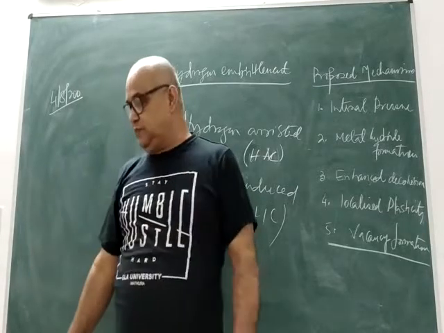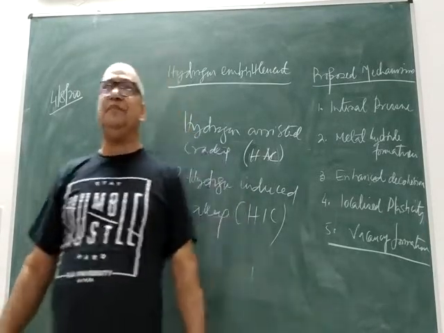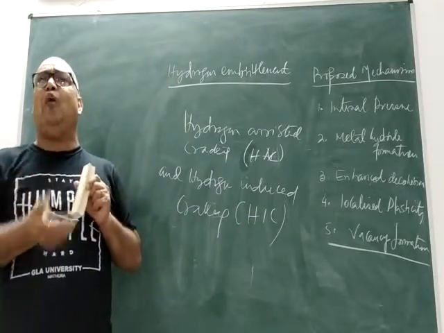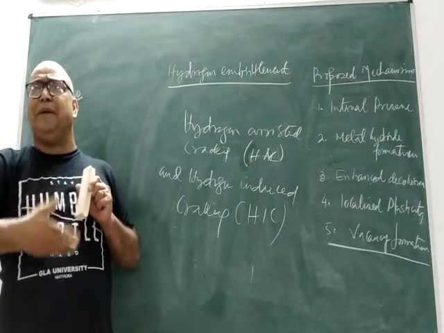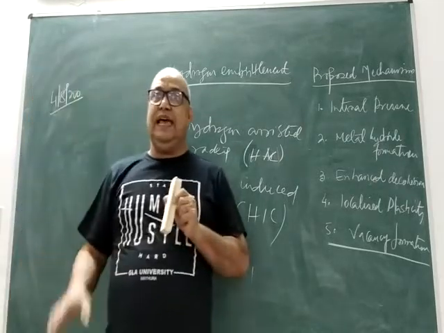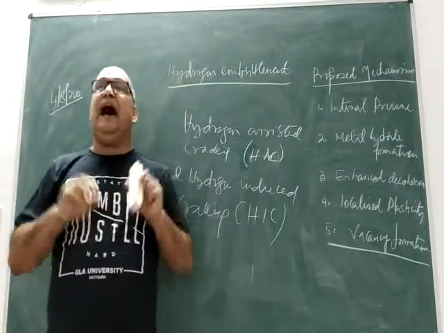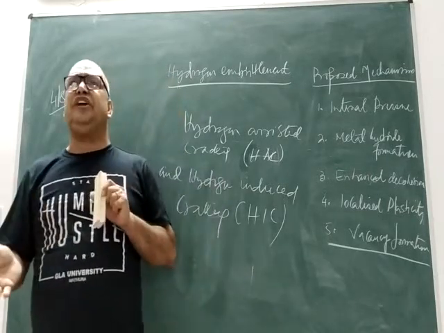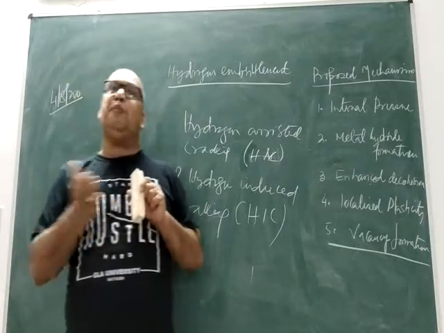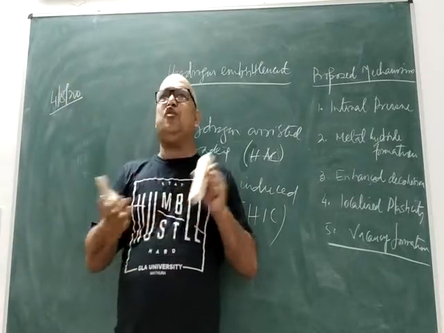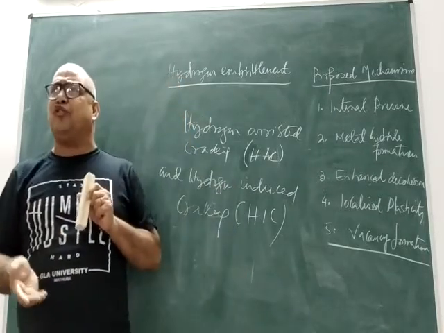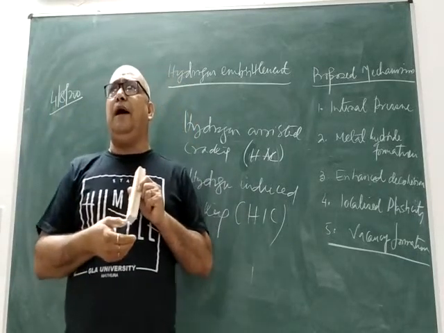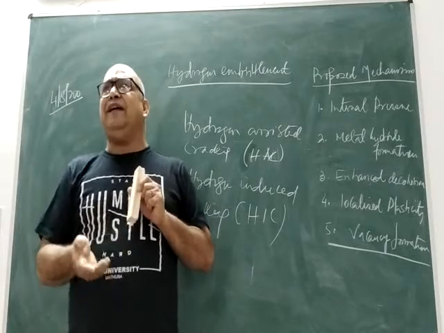Now, automatically something will come to our mind: how can hydrogen be introduced in a metal or a metallic product? As all of us know, hydrogen can be introduced in a metal or metallic structure during manufacturing operations. There are so many operations where hydrogen is being used, like pickling, coating, packing.